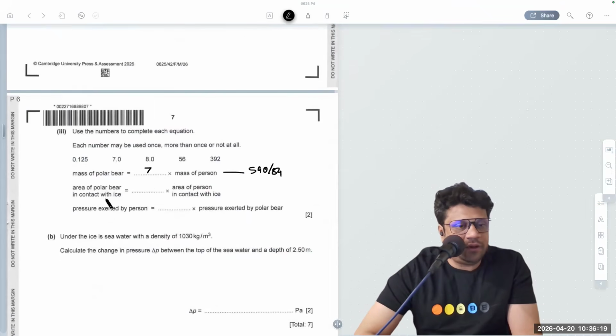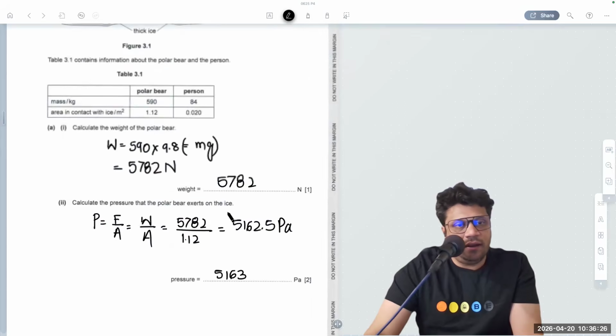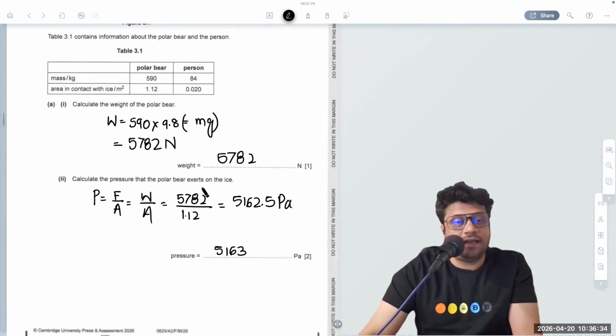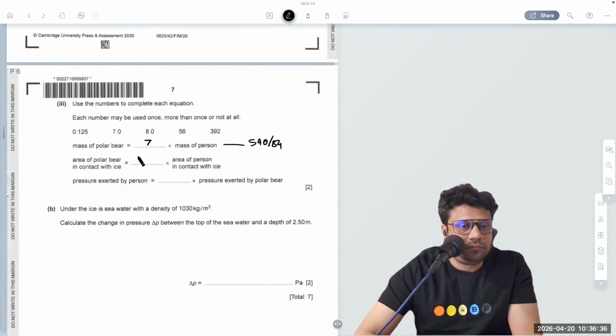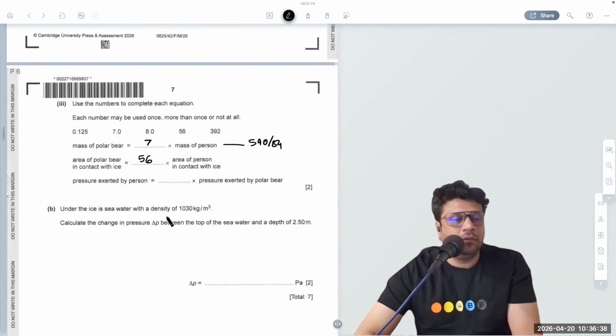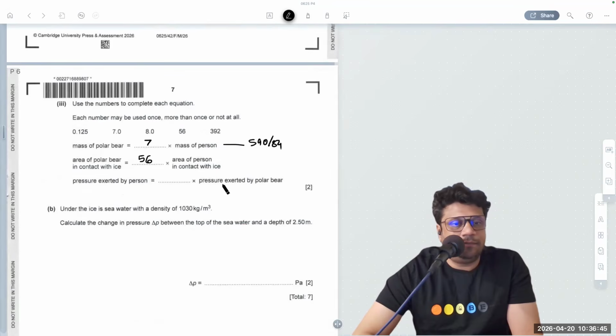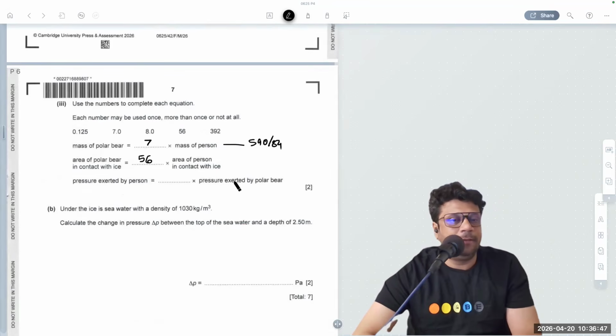Area of polar bear in contact with the ice is that many times the area of person in contact with the ice. So we divide the areas of contact: 1.12 divided by 0.02 is 56 times. And pressure exerted by the person is that many times the pressure exerted by the polar bear.